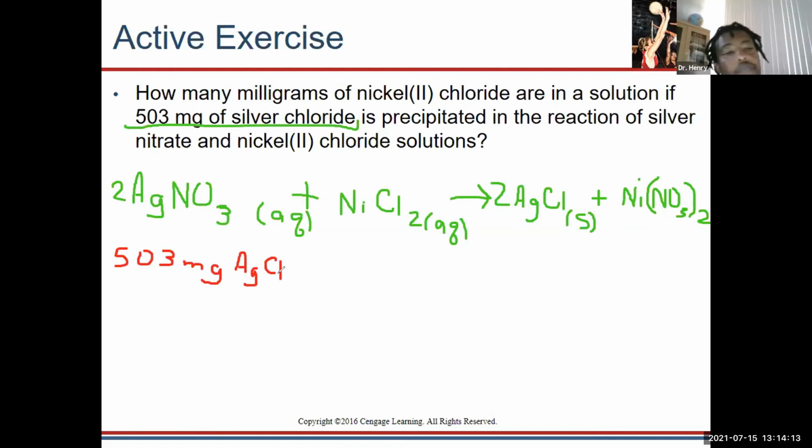So I have 503 milligrams of silver chloride. Now I want to get to how many milligrams of nickel chloride. That's what I'm looking for, right? So how am I going to go from silver chloride to nickel chloride?